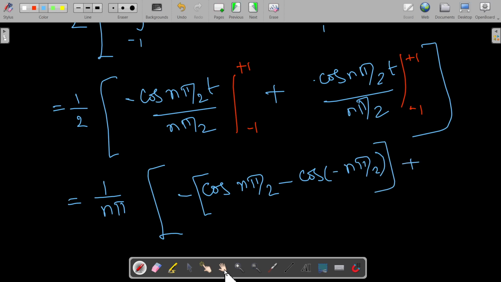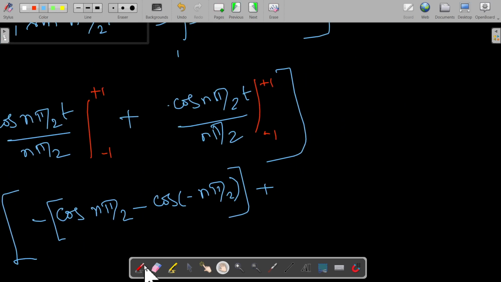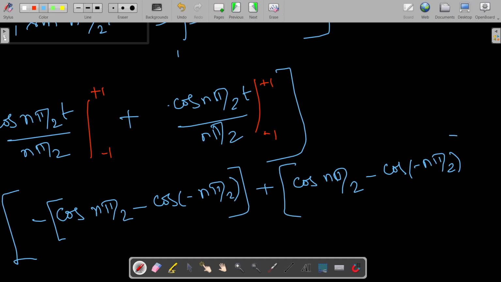Then plus, here comes the second term with cos n pi by 2 minus the lower limit with cos minus n pi by 2, because minus 1 we are applying. This is for the second.